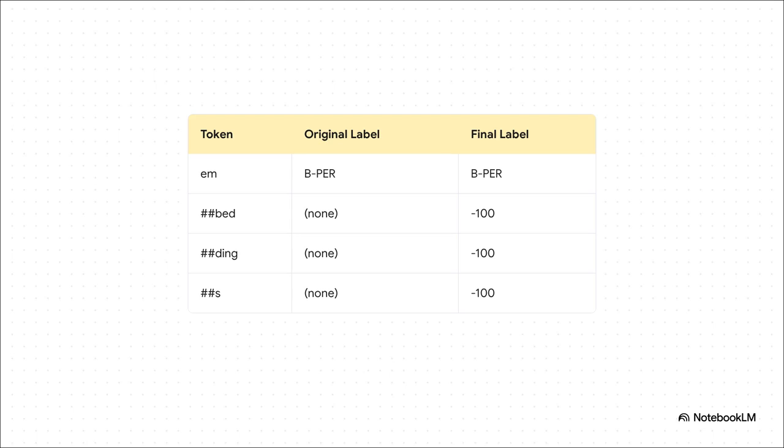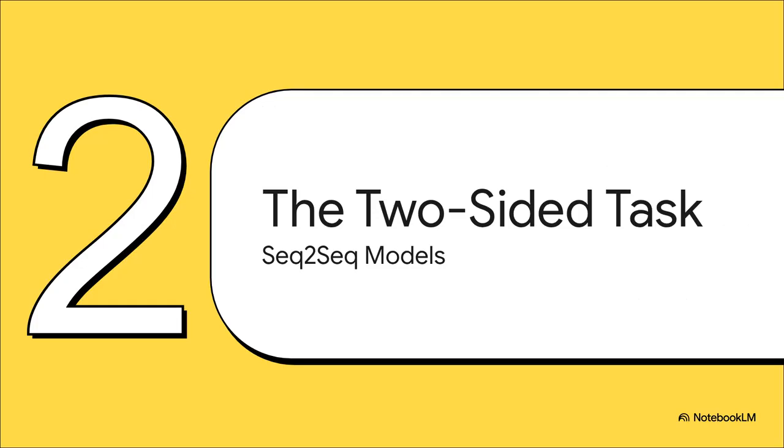Then, for all the other subtokens that came from that same word, we assign a special label, -100. This is a magic number that tells the model's loss function, hey, just completely ignore these tokens when you're training. This fixes the length mismatch, but it also makes sure we only calculate our loss on the meaningful start of each word. Problem solved. All right, that's trap number 1, defused.